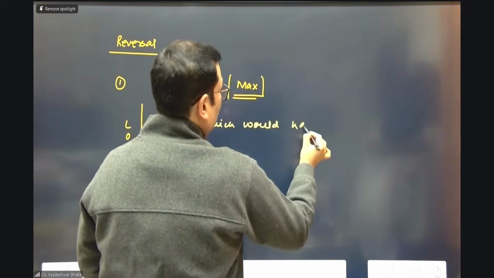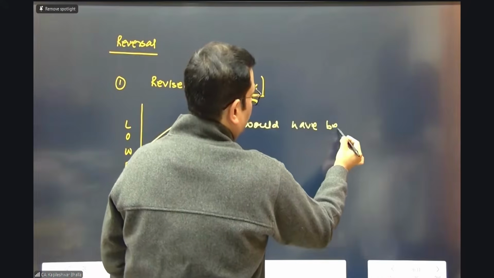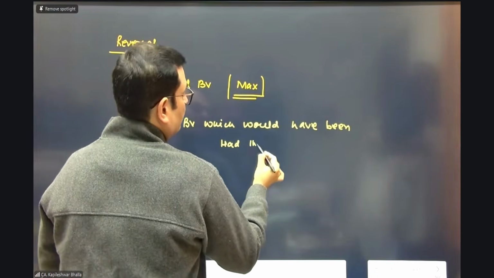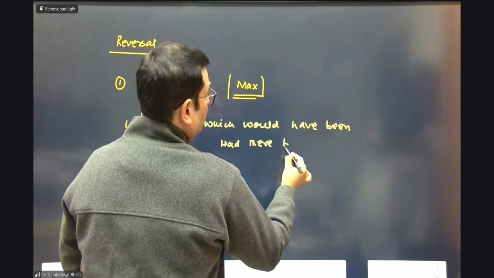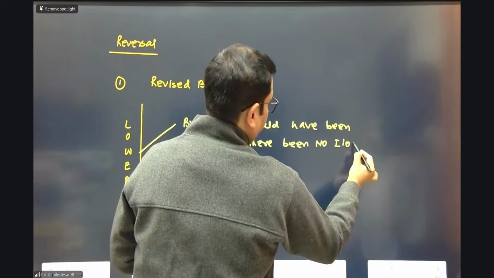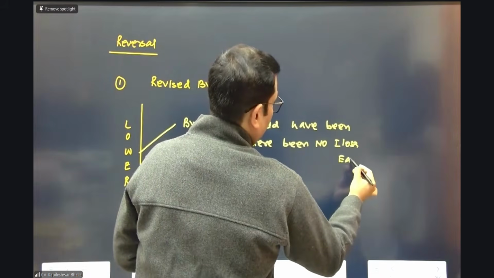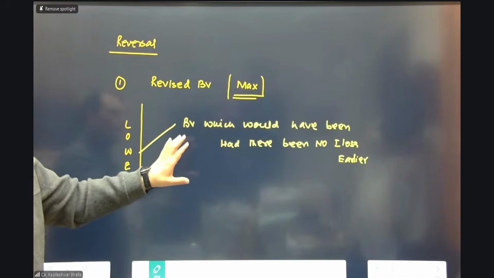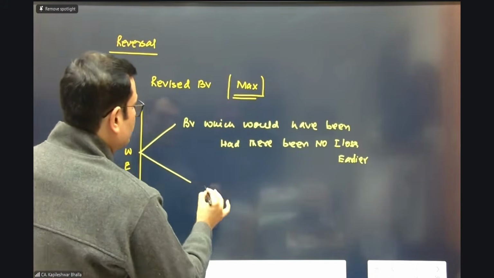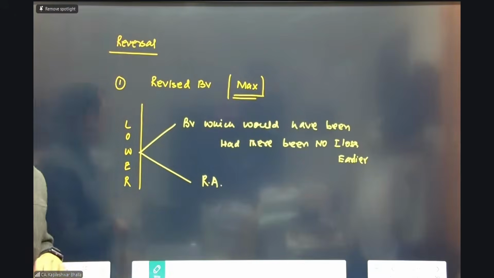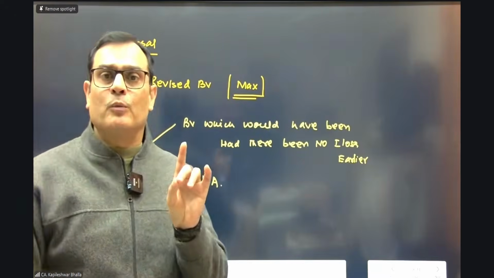You need to consider the book value which would have been had there been no impairment loss earlier, and consider the recoverable amount as well. Take the lower of the two, that is the revised book value.